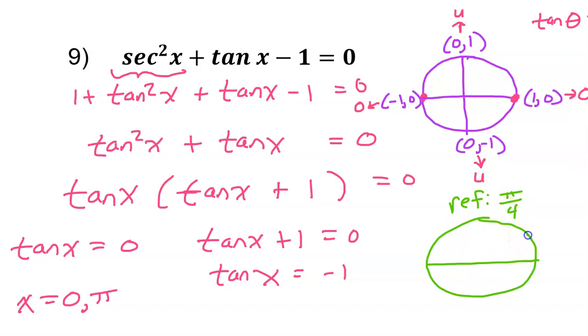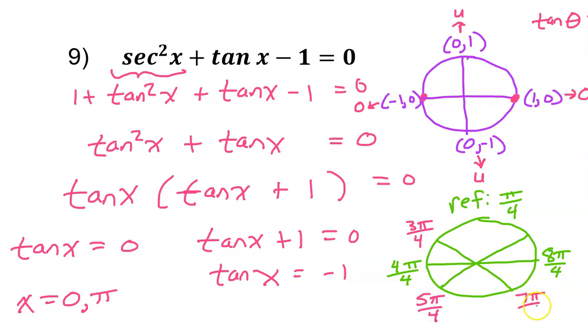There are 4 angles that have a reference angle of pi over 4. There's 1 in each quadrant. With a reference angle of pi over 4, I'm going to think of pi as 4 pi over 4, and I will think of 2 pi as 8 pi over 4. So that makes this 3 pi over 4, and this is 5 pi over 4, and this is 7 pi over 4.